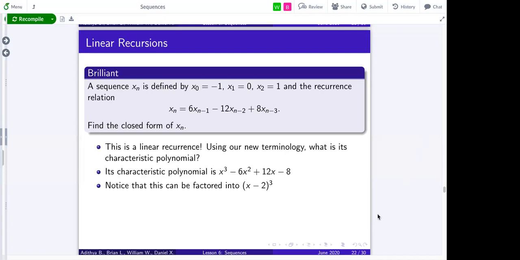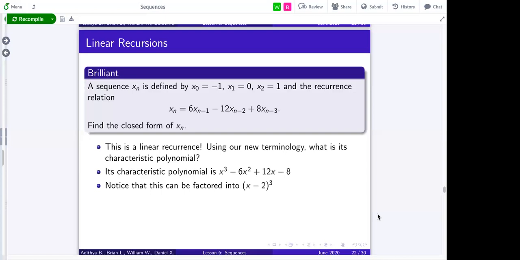In particular, as William said, we have this nice thing that happens where if the roots were all distinct, then we could write it as a sum of powers. But here the multiplicity is greater than 1.